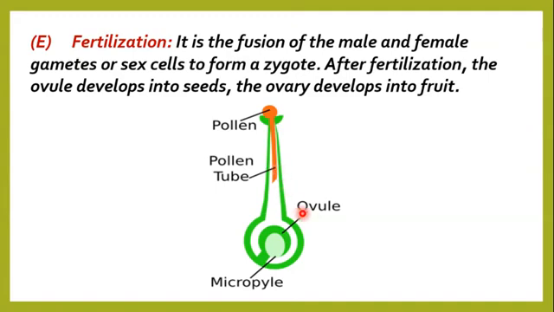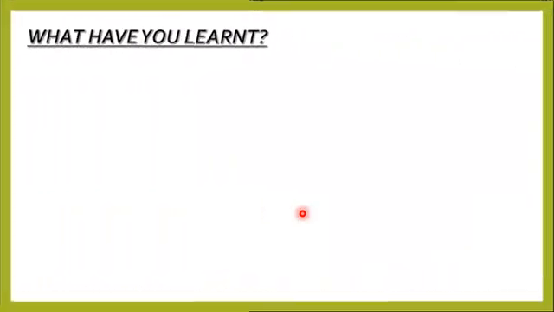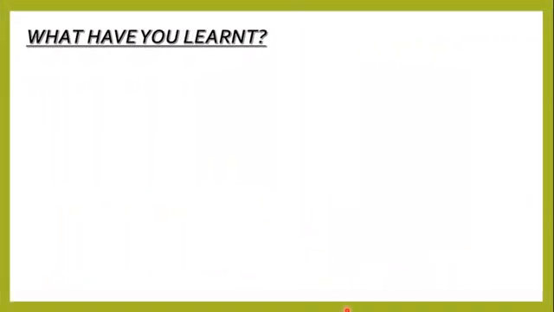In our next lesson, we shall look at dispersals following fruit and seed formation, and we'll bring an end to this topic. So what have we learned today? Today we looked at 3 other stages of the life cycle of okra or maize plant.